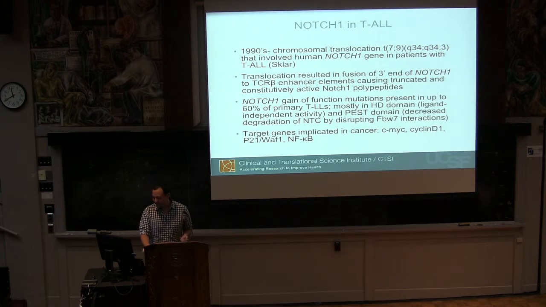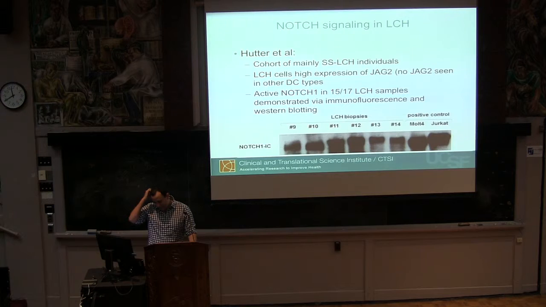Based on this, another group decided to look specifically at LCH, notwithstanding that single index case of the T-ALL and the Notch 1 mutation. Unfortunately, the study looked mostly at single system LCH, so bear that in mind, as these may be different ways that the disease presents.